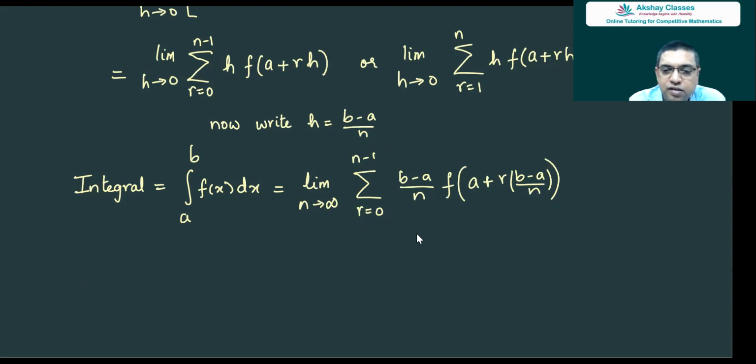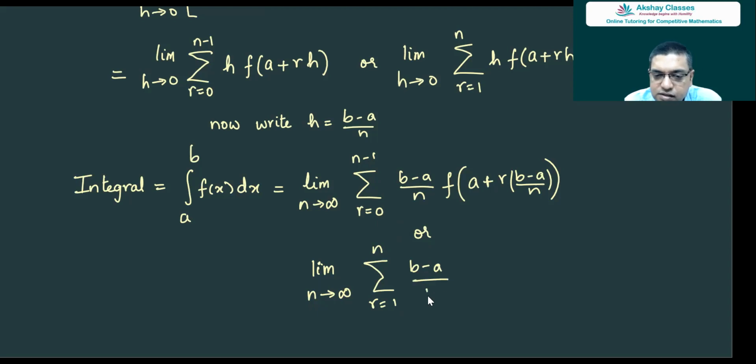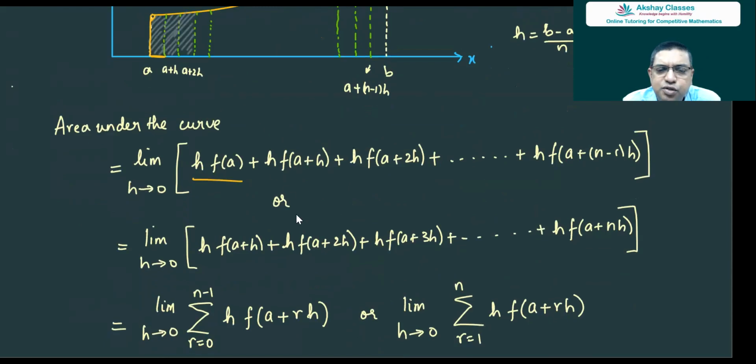Okay. Or it is same as limit n tends to infinity, sigma r equal to 1 to n, instead of 0 to n minus 1. Either it is 0 to n minus 1 or 1 to n. Remember that. b minus a f of a plus r times h. So b minus a upon n. You can derive this in 2 steps basically.